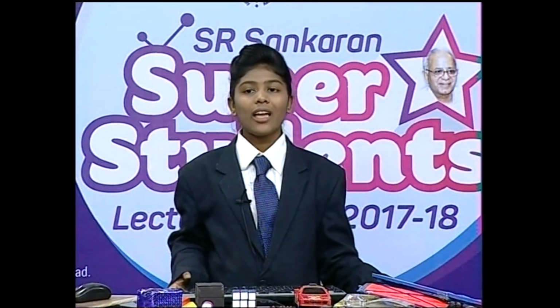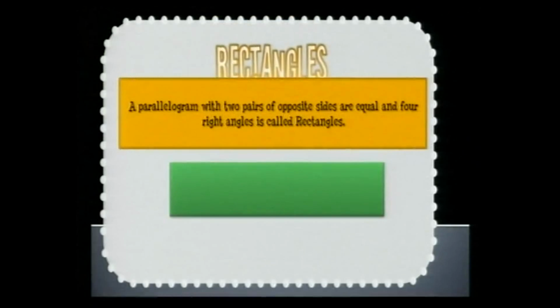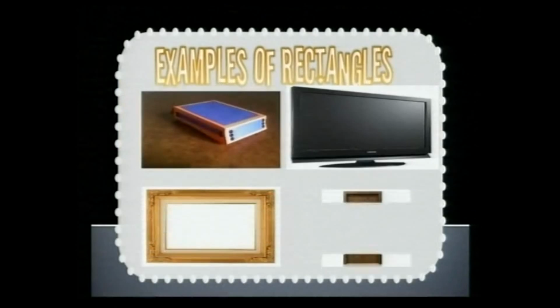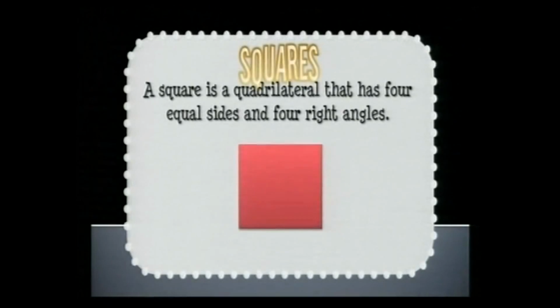So friends, square means, look at this slide please. Square: a quadrilateral that has 4 equal sides and 4 right angles.